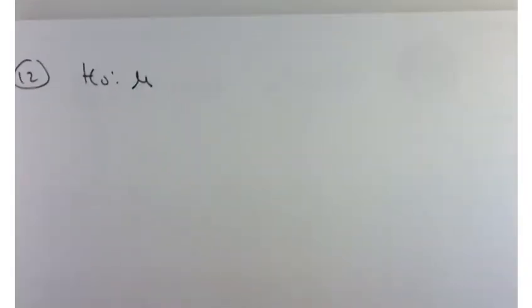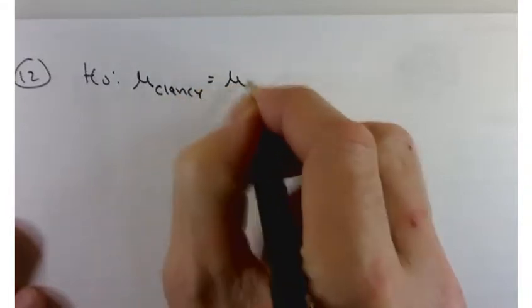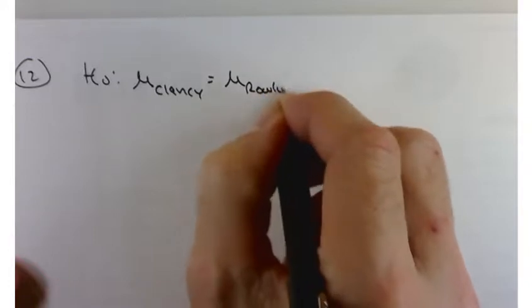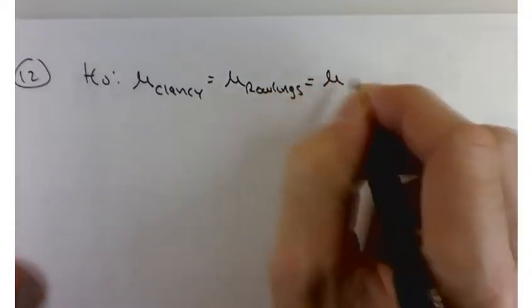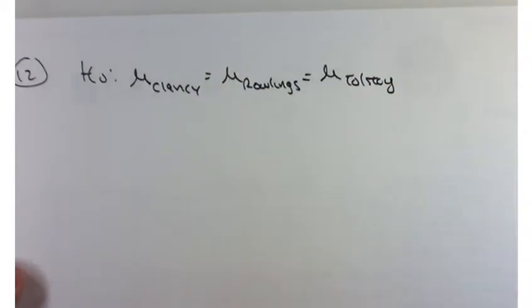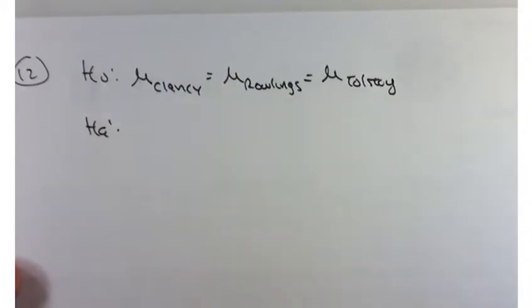Mu for us is going to represent the Flesch reading score. So we'll call it mu sub Clancy equals mu sub Rowling equals mu sub Tolstoy. The alternative hypothesis is at least one of these is different.